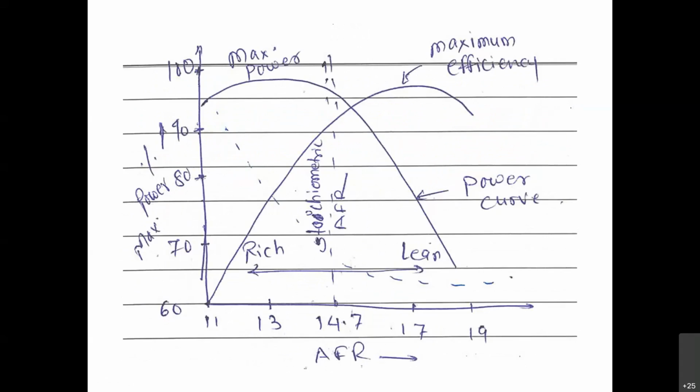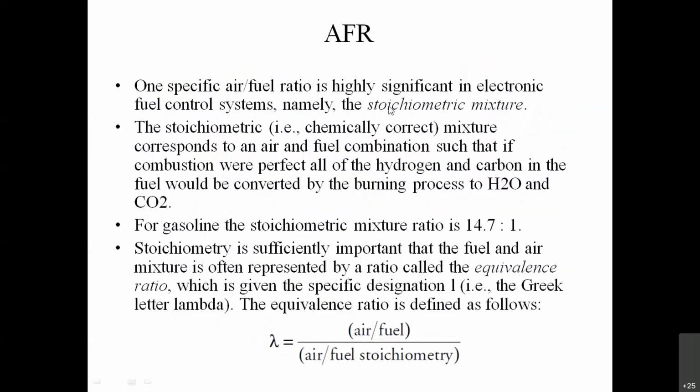Okay, so along with this stoichiometric ratio, there is one more term which is known as lambda, that is the equivalence ratio. It is representing the ratio of air fuel mixture to the ratio of air fuel mixture at stoichiometry. That means obviously at stoichiometric condition, this lambda value is 1.